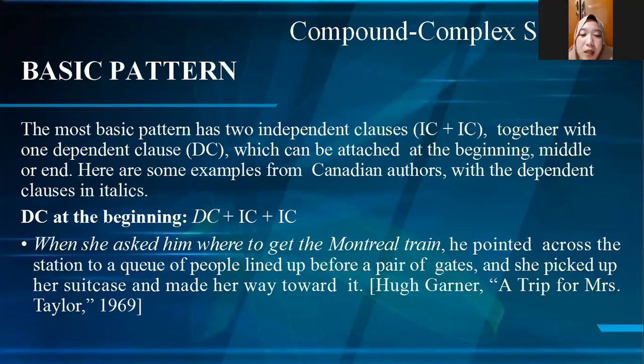When she asked, he pointed across the station to a line up before a pile of gates, and she picked up her suitcase and made her way toward it. Tyler, 1969.